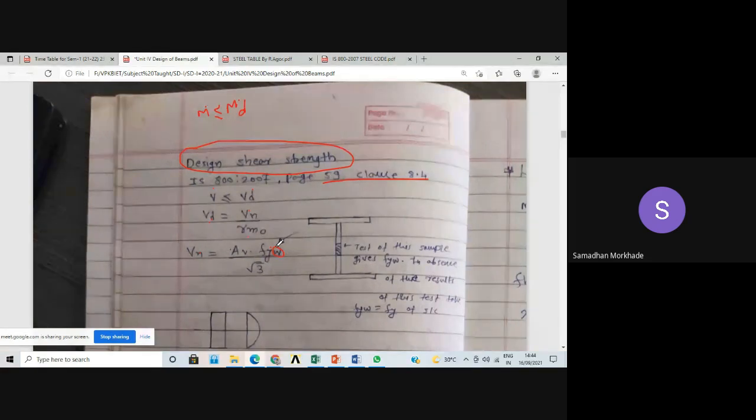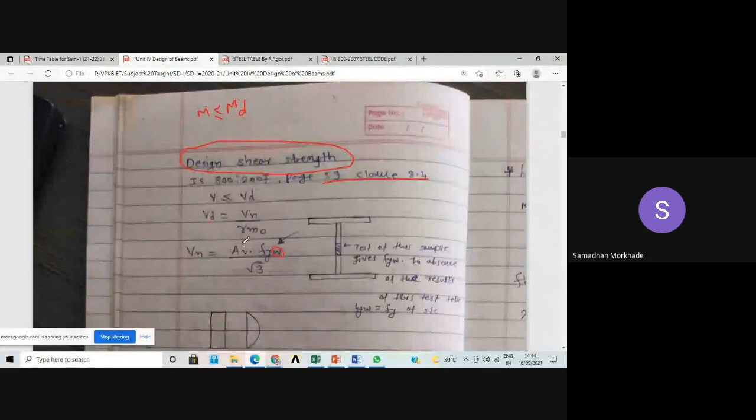This is the basic idea, and it has been analyzed from our knowledge of strength of materials. So for nominal shear, we have to take the shear area, which means the area of the web, and fyw means the yield stress of the web divided by root 3. This is the equation. Since we are using homogeneous sections, we assume fyw is equal to fy, which is 250 MPa.